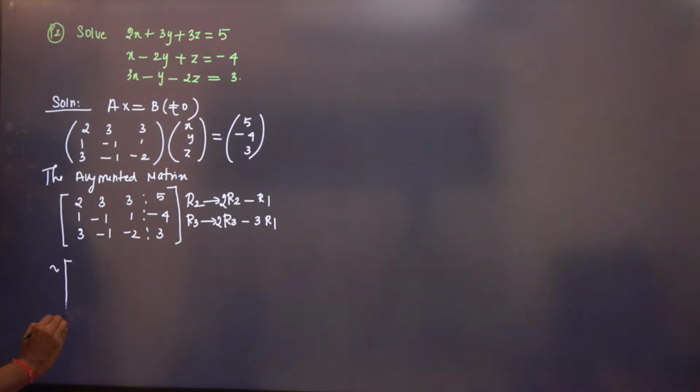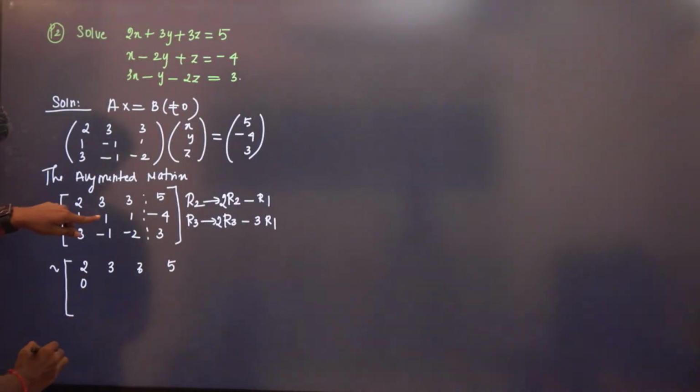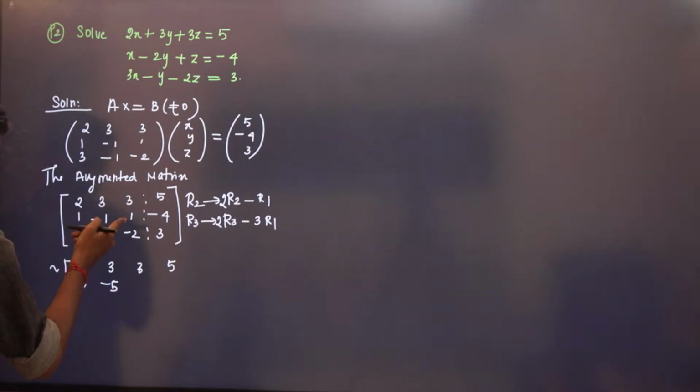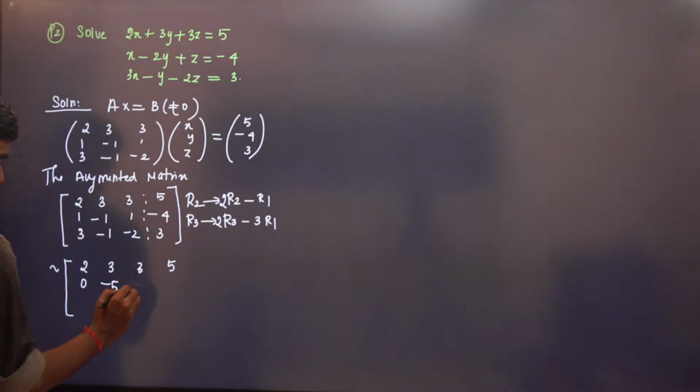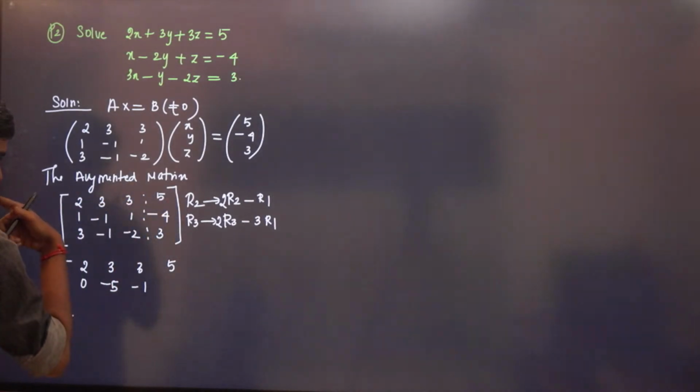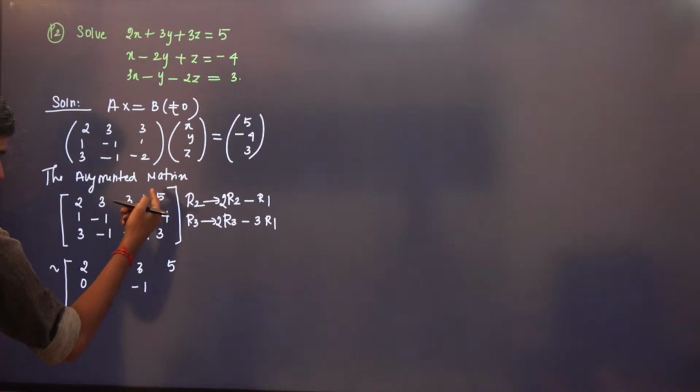So this is equivalent to 2, 3, 3, 5. Multiply by 2 and then subtract. Multiply 2, it will be -2. -2 minus 3 is -5. Multiply 2 and then subtract, so 2 minus 3 is -1. Multiply 2 and then subtract: -4, multiply 2, -8, minus 5, -13. Multiply 2 here, multiply 3 here and then subtract. You multiply 2 here, this will become -2.